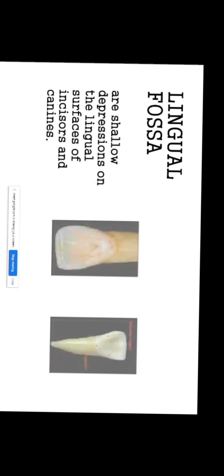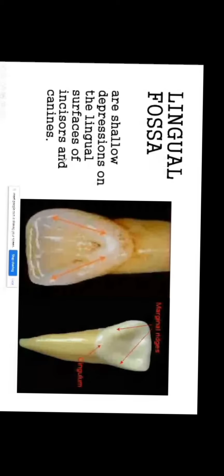Anterior, okay, anteriors only. At the cervical there is an elevation or convexity. What do you call this? Cingulum. And then you have elevations on the mesial and distal, the marginal ridges.